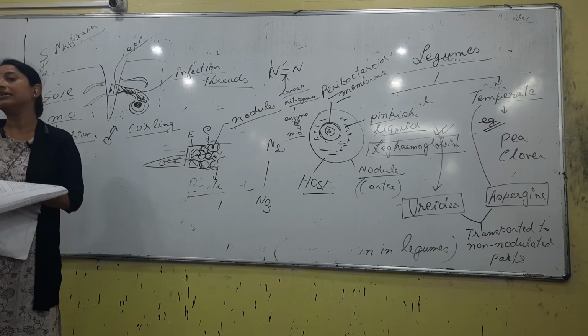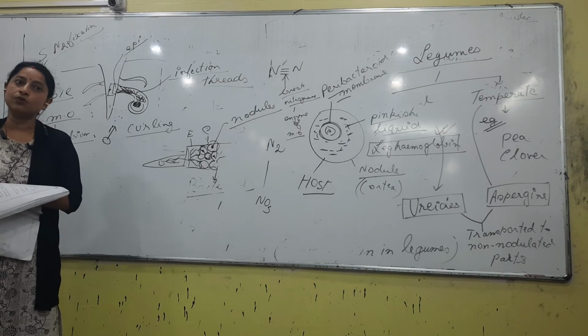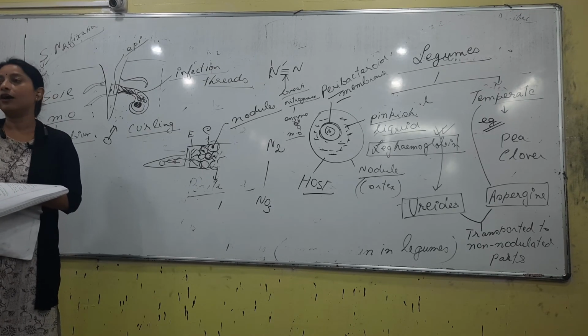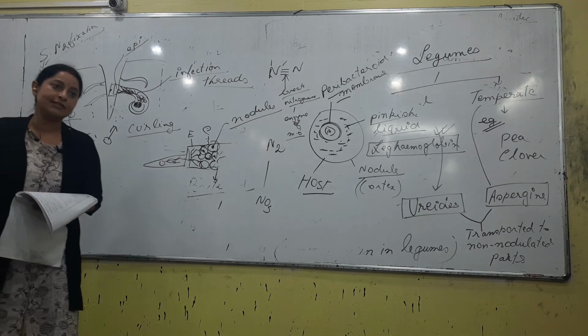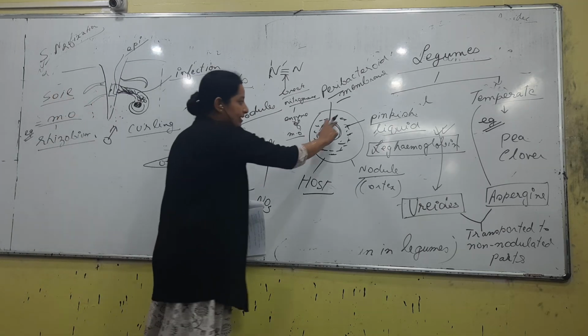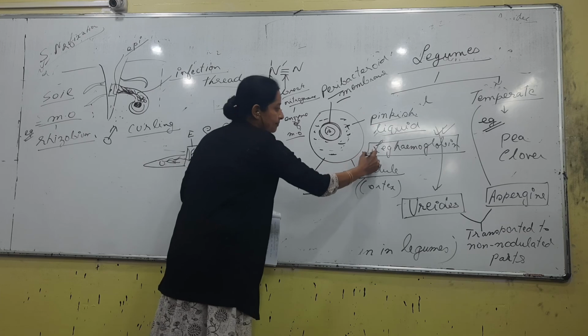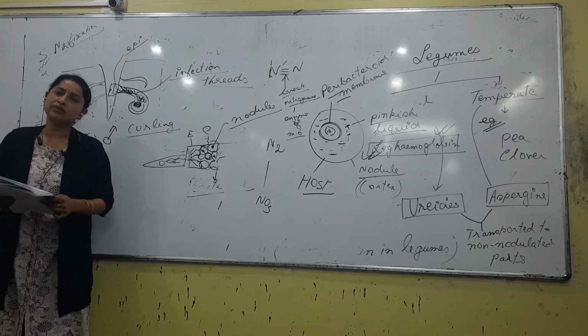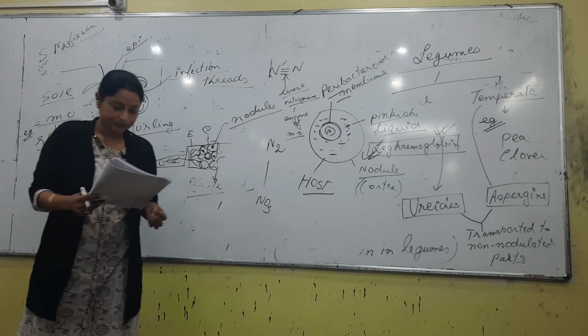So it is very essential that nitrogen fixation always occurs only during anaerobic condition to protect that particular enzyme, to keep that enzyme away from oxygen. Right? So who helps in keeping that enzyme away from oxygen? Hemoglobin. Who synthesizes it? The cortex or the nodules. Right?